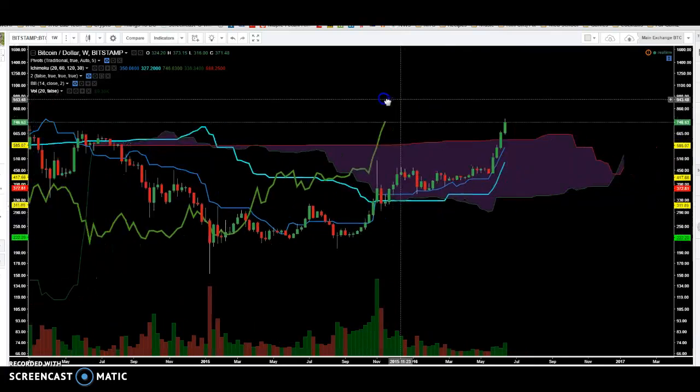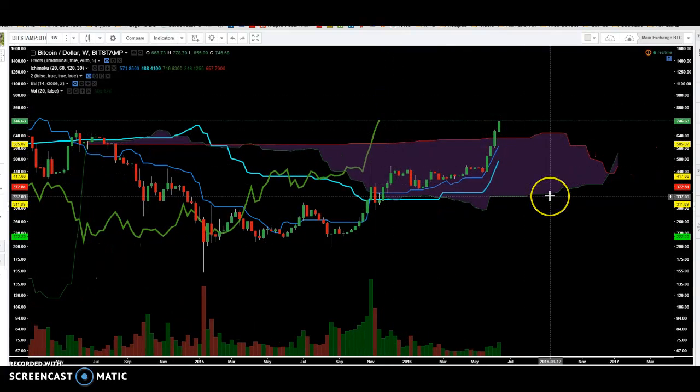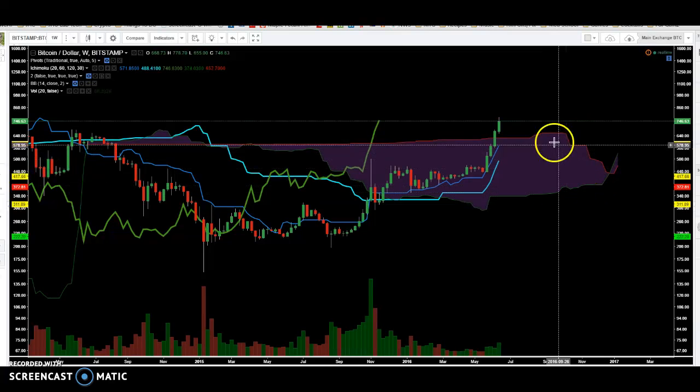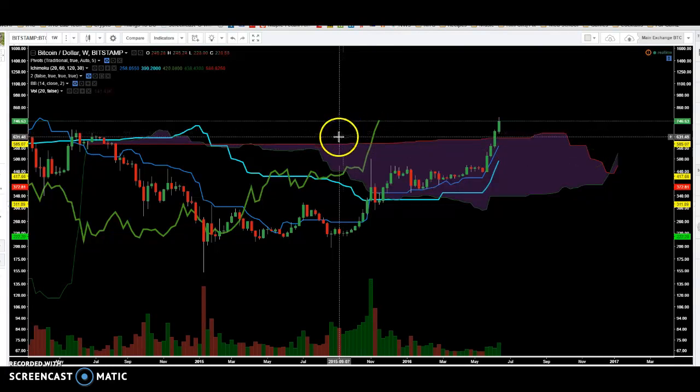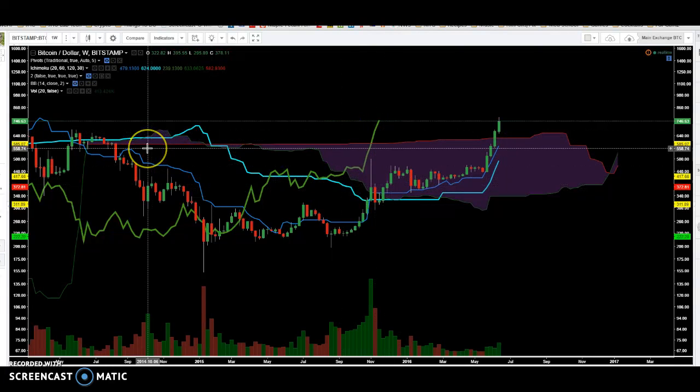So real quick, Cloud 101. Senkou Span A is this green line, Senkou Span B is this red line. Red over green signifies a bearish market.